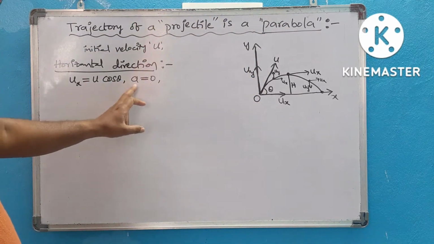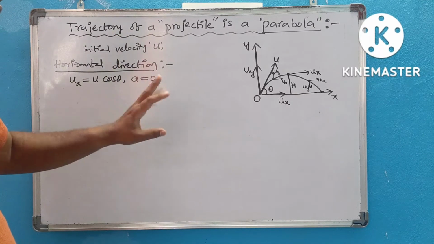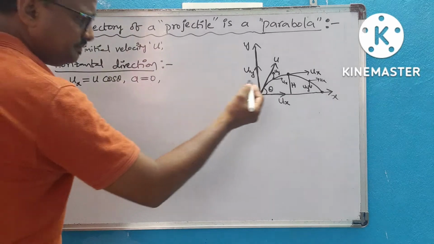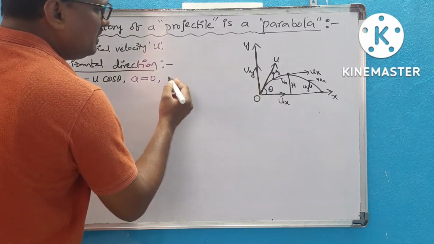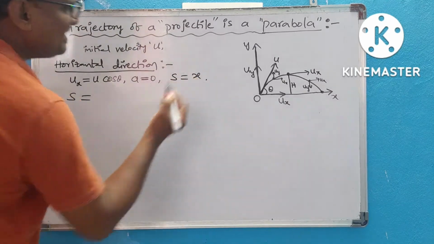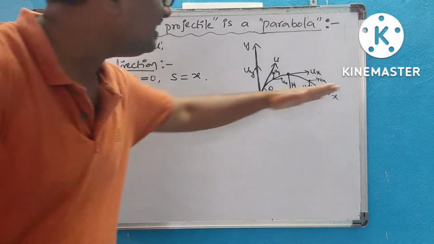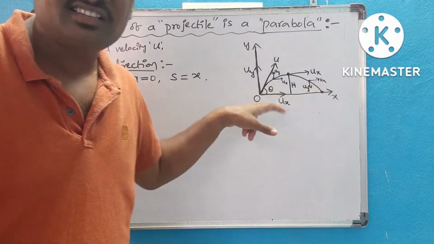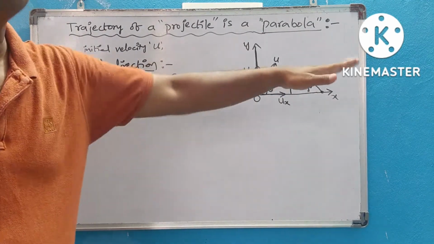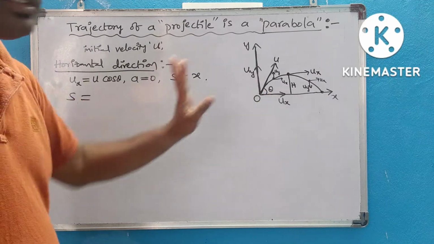So for horizontal, acceleration due to gravity can be taken as 0. And s can be taken as x here. For horizontal means x-axis, so the displacement s can be taken as x, because it is on the x-axis.